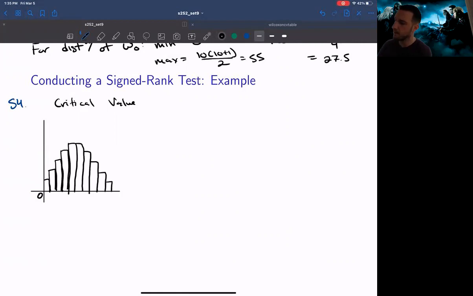And then this value here will be 55, and this value right here will be 27.5.